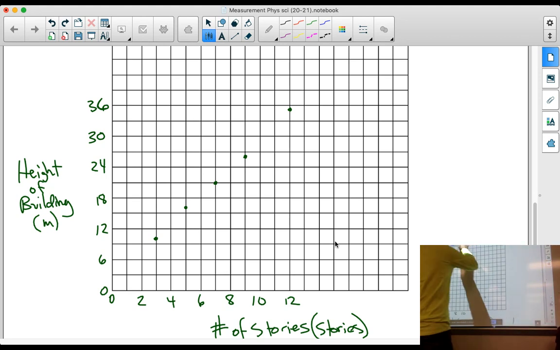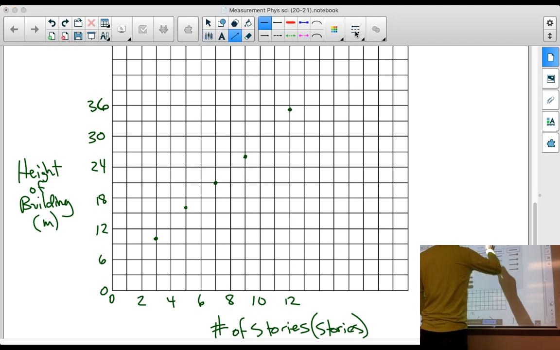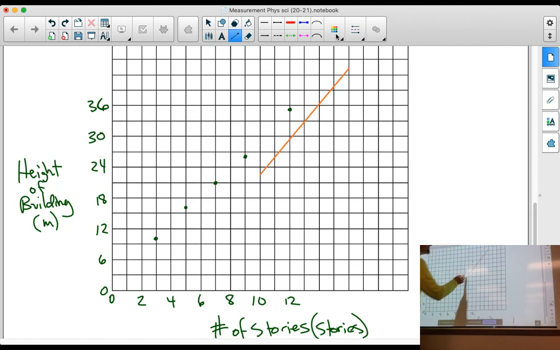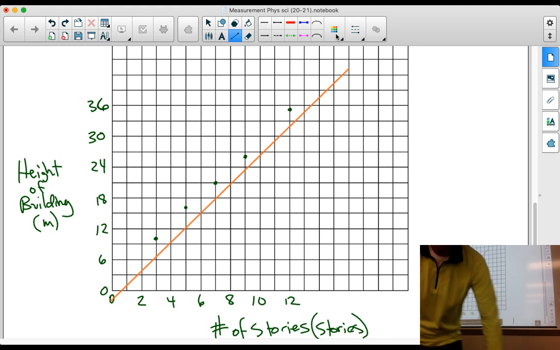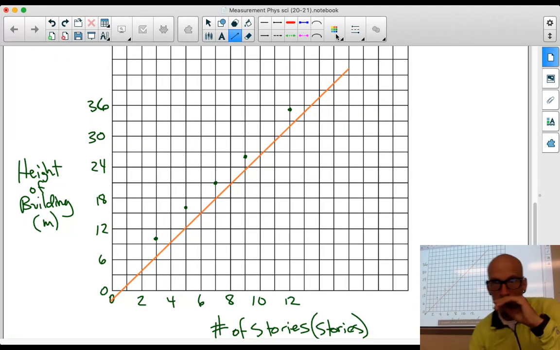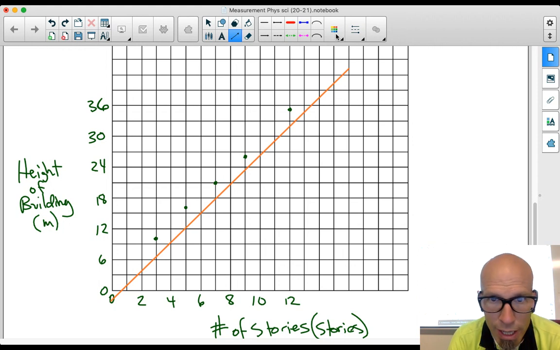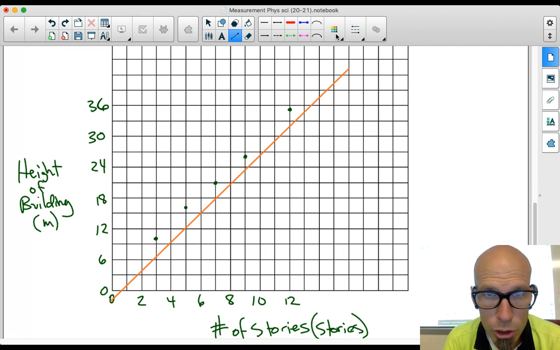Let's go with my line tool, and my orange. Since I have a straight line tool here on my board, I put that line there, and I'm trying to make the line parallel to my data.